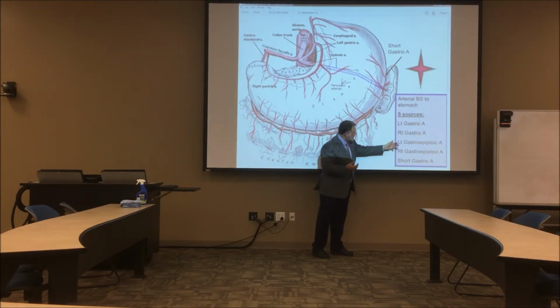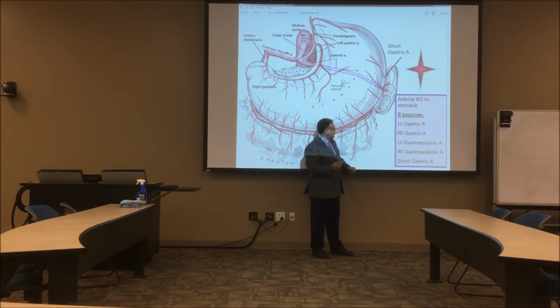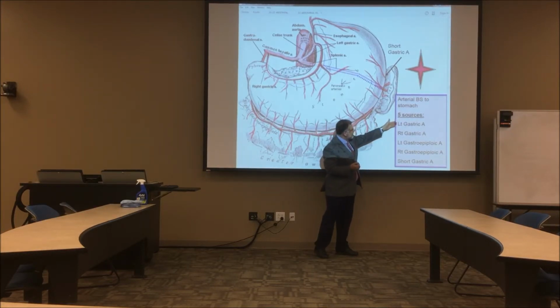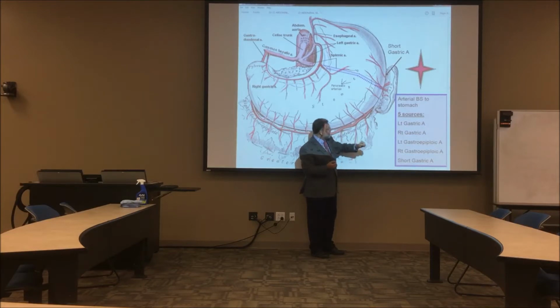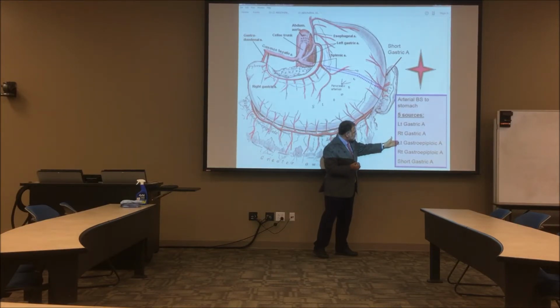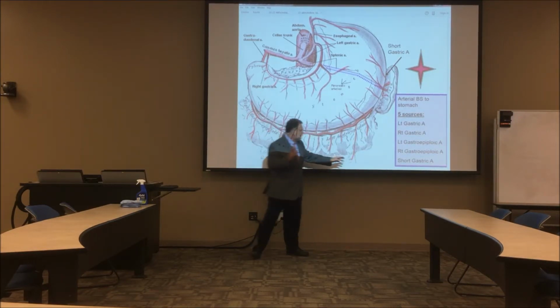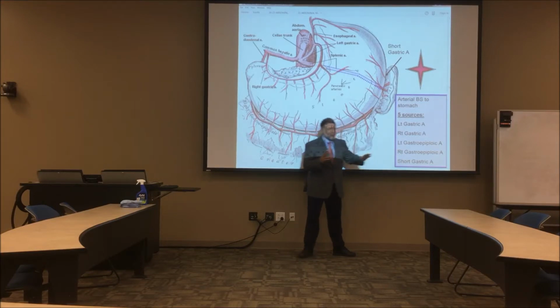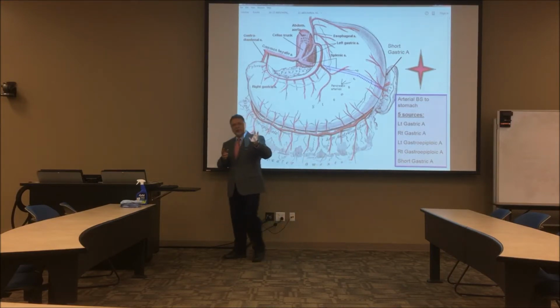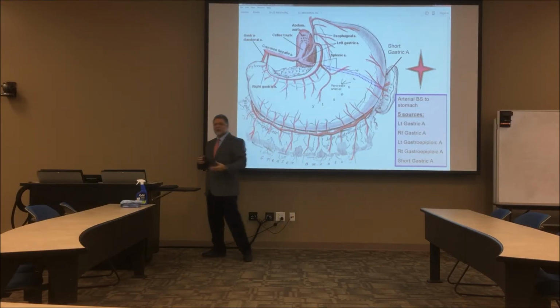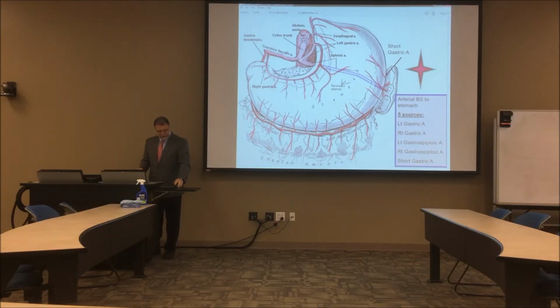The short and the left gastroepiploic come from the splenic. The left gastric comes directly from the celiac trunk. And the right gastric and right gastroepiploic come from the common hepatic. Even the right gastroepiploic, besides coming from the common hepatic, comes from the right gastroduodenal.